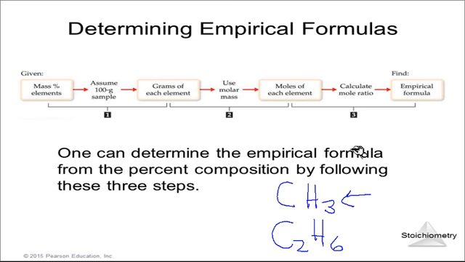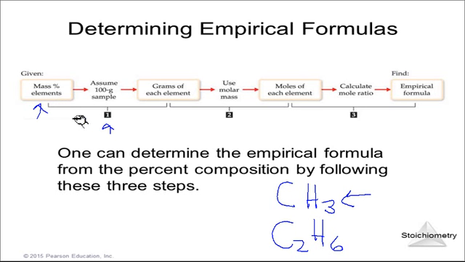We can use the percent composition to calculate the empirical formula using this little flow chart illustrated up here. The way you would do that is I start with the mass percent that I'm given, those percent compositions, and I assume that I have 100 grams of my sample.